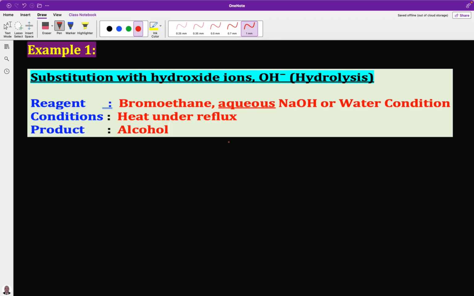This is heated under reflux and an alcohol results. This is a primary halogenoalkane. When we react it with aqueous sodium hydroxide, heated under reflux, the hydroxide ion in the sodium hydroxide, in the course of the reaction, will replace the halogen and result in an alcohol. You will see how the whole thing goes. And remember, we said it's only a one-step mechanism.